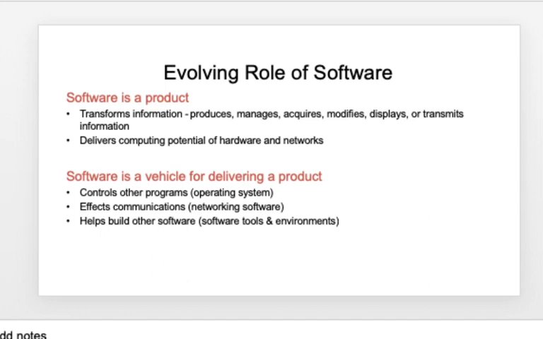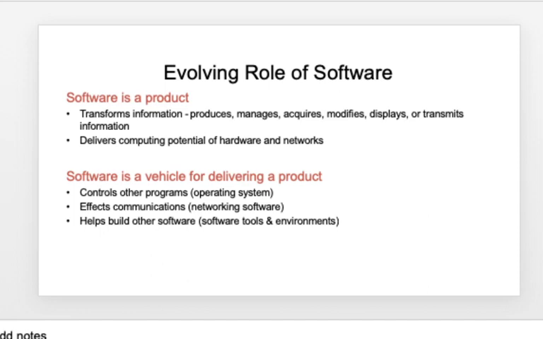If you look at software as a product, it transforms information from one form into another. It basically delivers the computing potential of the hardware and networks. Also, software is a vehicle for delivering a product. When I say vehicle, it basically controls other programs.